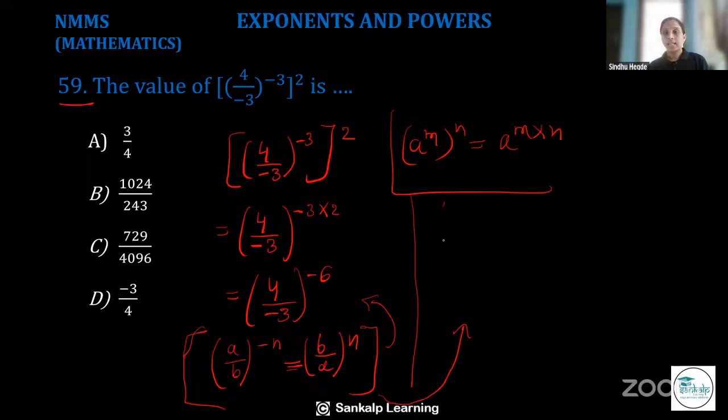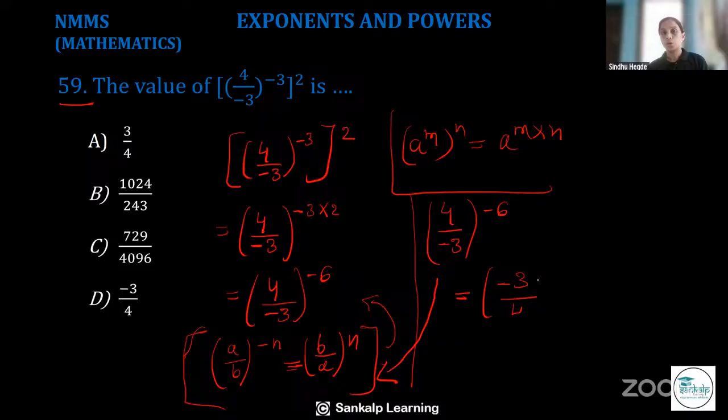So I will write again 4 by minus 3 whole raised to minus 6. Apply this formula for this one. We get the reciprocal. So minus 3 goes to numerator, 4 comes to denominator, and the power is positive 6. So now we get the final step, that is minus 3 by 4 whole raised to 6.